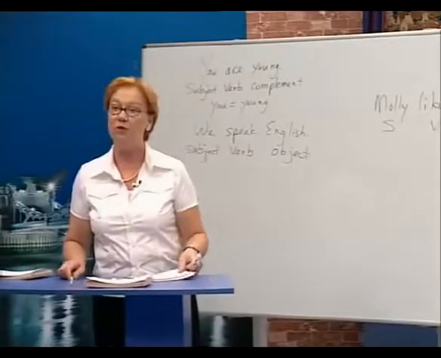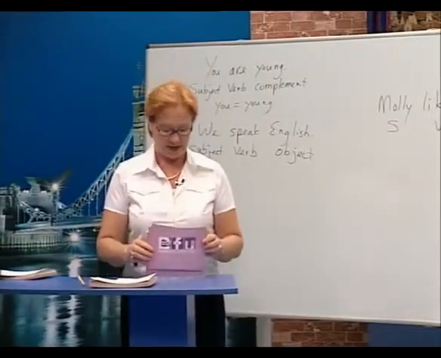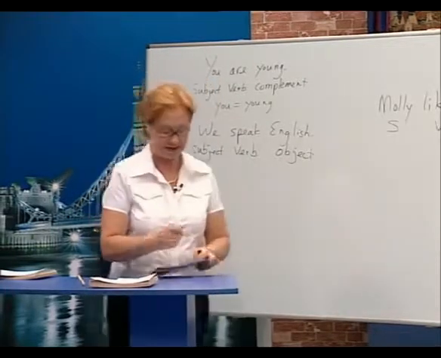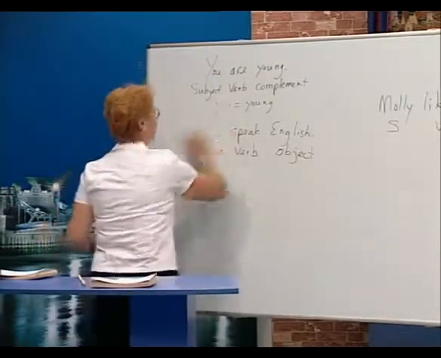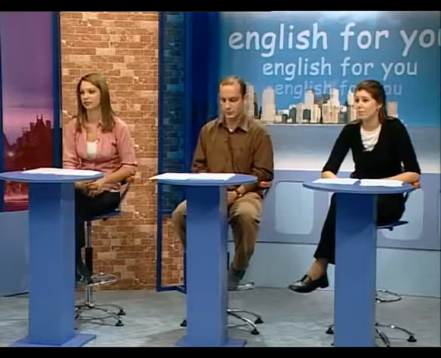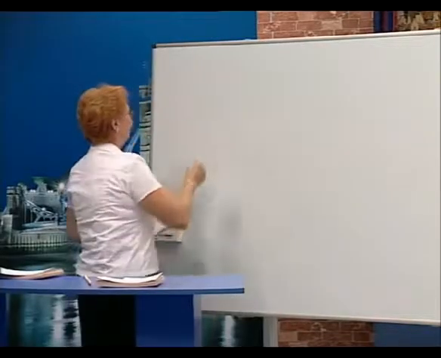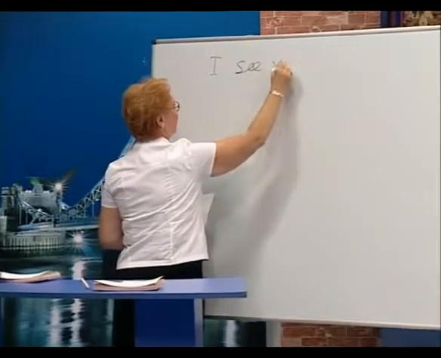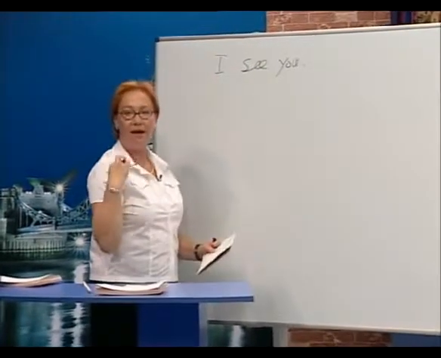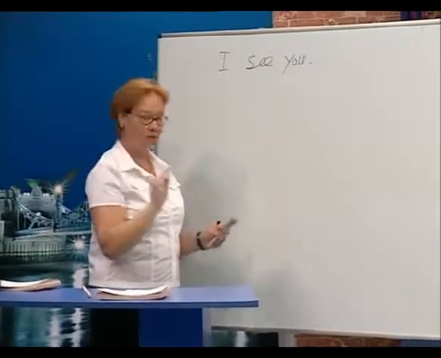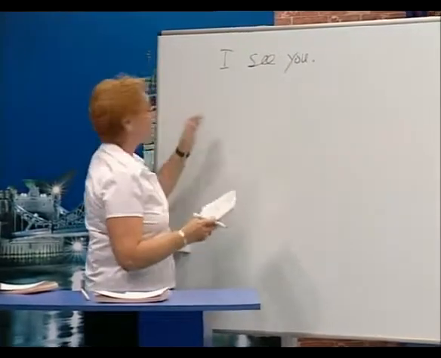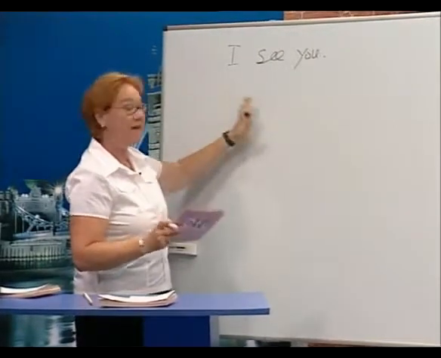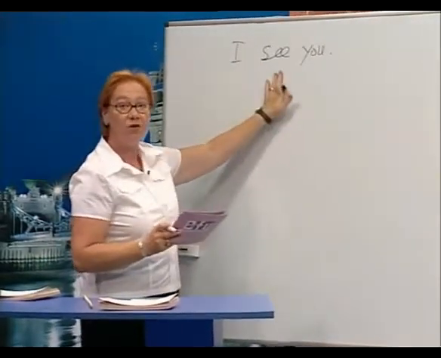Now, let's look at some more sentences. Let me show you the sentences first. Okay, first sentence. I see you. Notice that in English, there's always a subject and a verb.